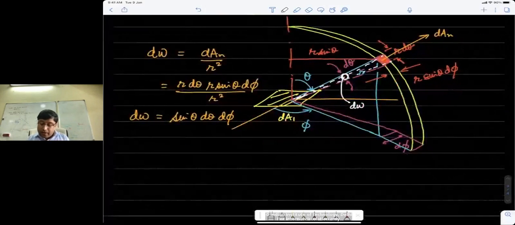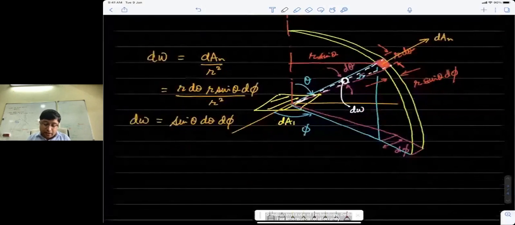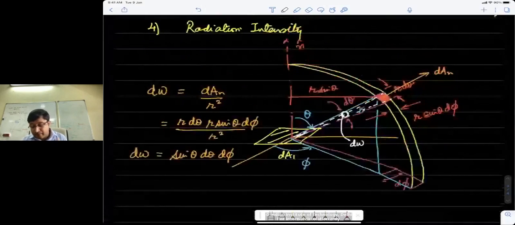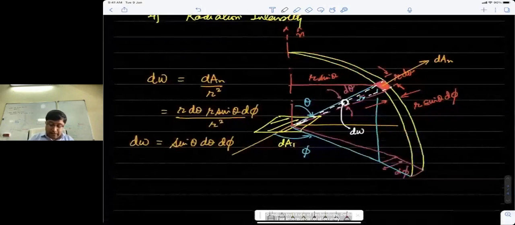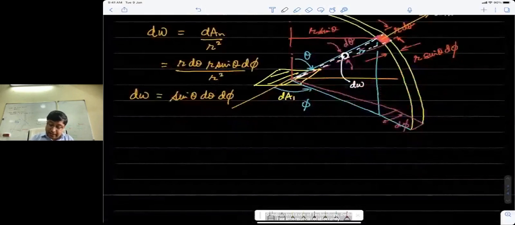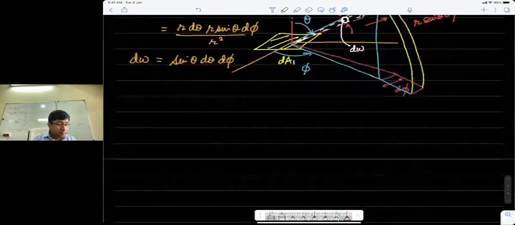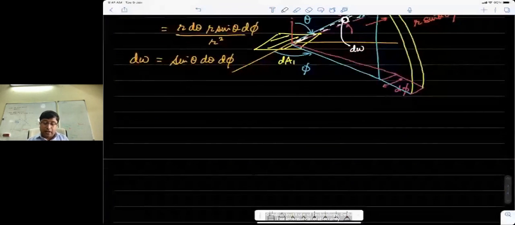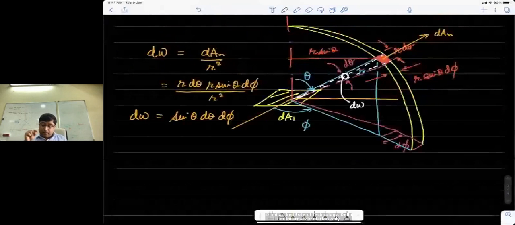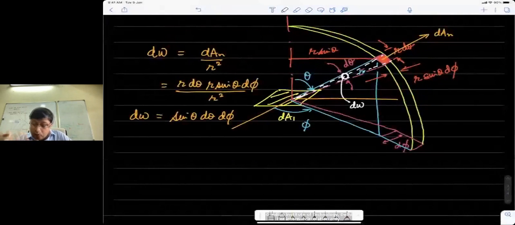Okay. The reason I defined this is because we are now going to define what is radiation intensity. Radiation intensity has a very specific definition, and this is a slightly long definition to explain. But what we're going to do is look at how emission from area dA1 goes through dAn, or what amount of radiation is intercepted by an observer sitting at, let's say, this point at a distance r and in a direction theta comma phi, and at a given wavelength.